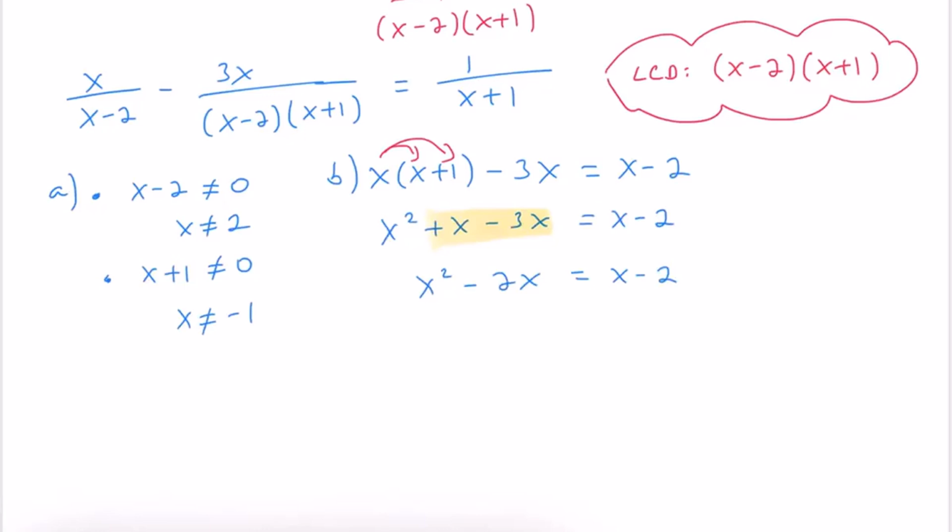We have x squared here, so get everything over to one side, 0 on the other side. So we need to minus x over. And we have x squared minus 3x is equal to negative 2.